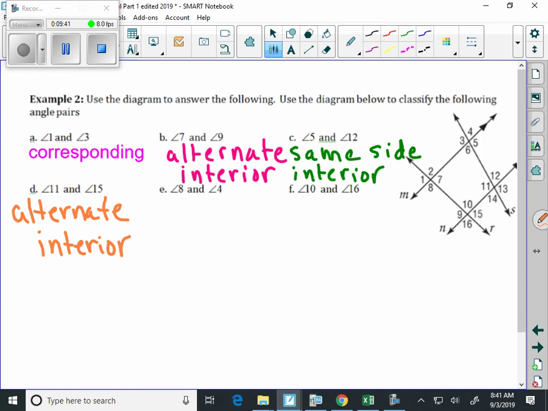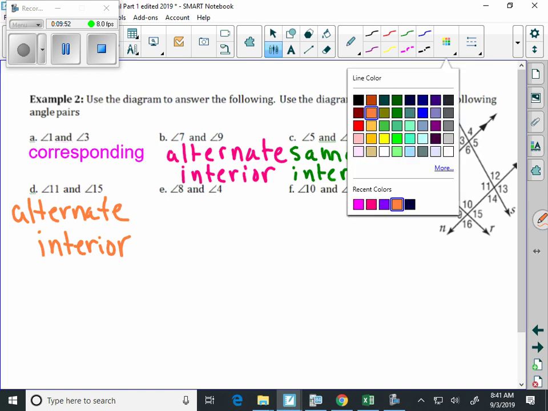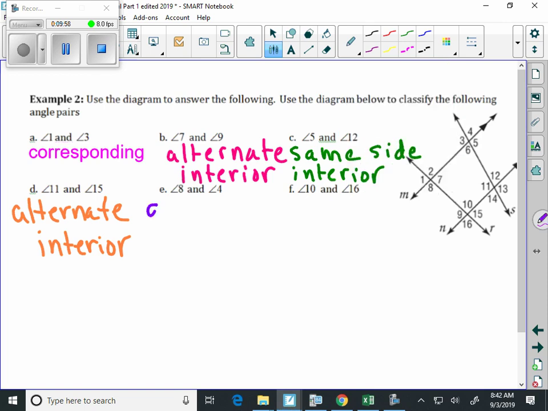Angle 8 and angle 4. They are outside and on opposite sides. So this looks like it's going to be an alternate exterior.